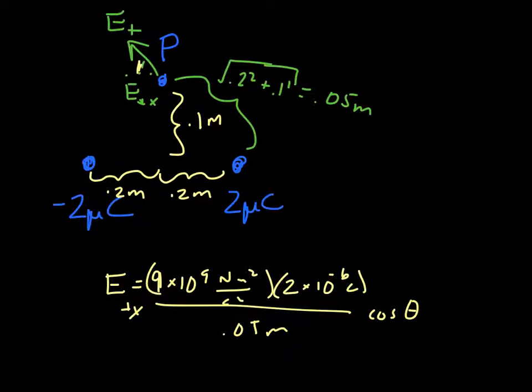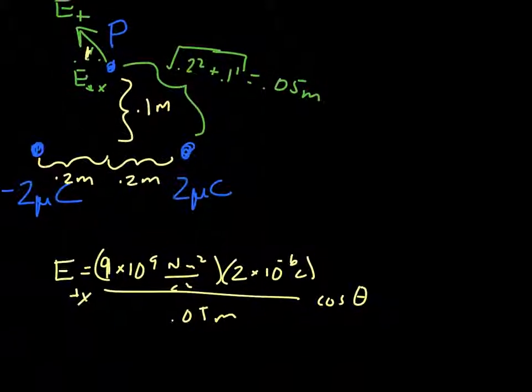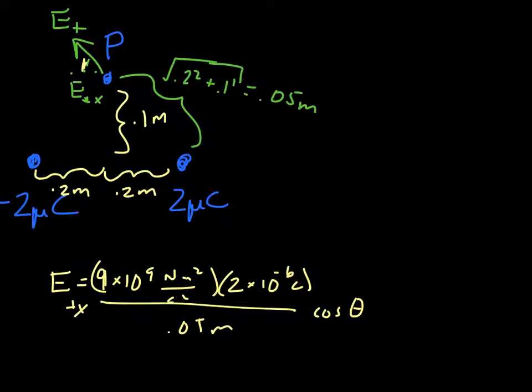Let's scooch that over just a little bit and look for what theta is. Cosine of theta, this angle right here, is going to be the same as this angle.